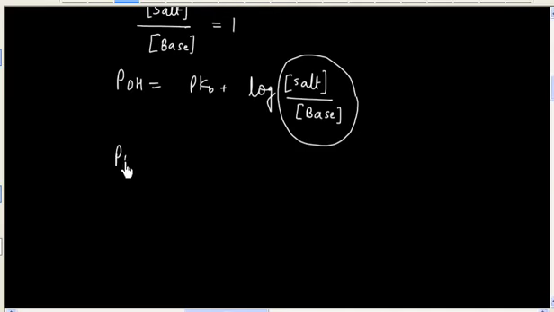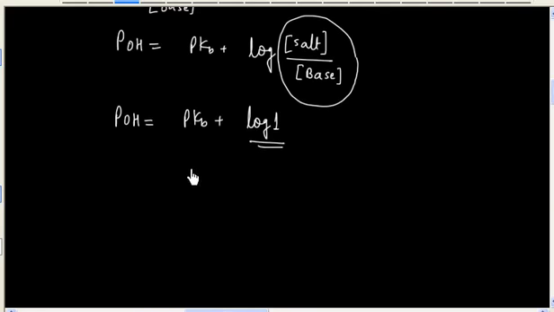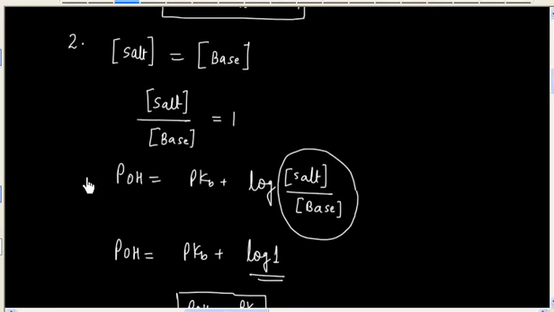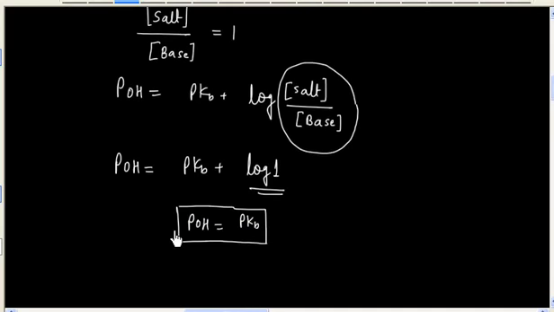So we will have pKb plus log 1, and log 1 is 0. So pOH is simply pKb. So when concentration of salt and concentration of base are equal, pOH is equals to pKb.